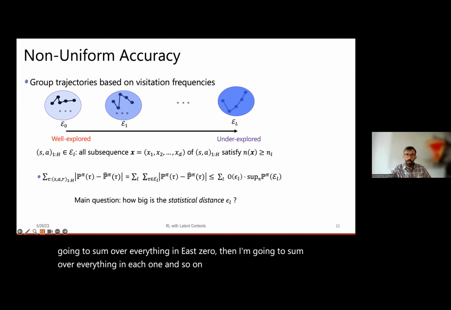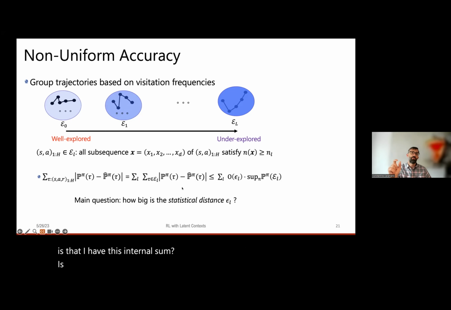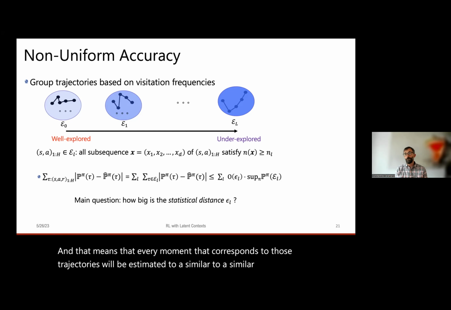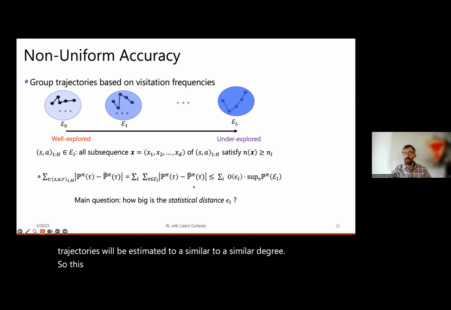And so this internal sum is only over trajectories that are visited the same amount. And that means that every moment that corresponds to those trajectories will be estimated to a similar degree.